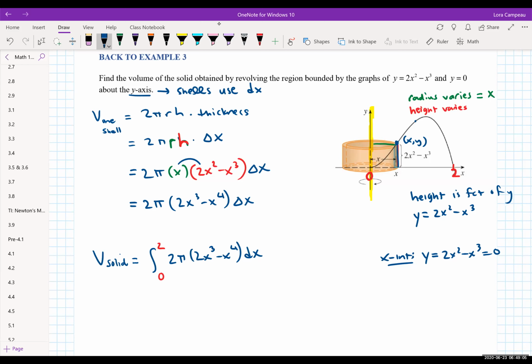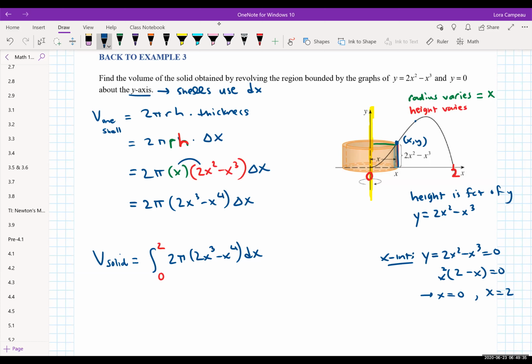So if I take out x squared, I should have x squared times 2 minus x. That's where we're getting x equals 0 and x equals 2, just in case you're worried about that. Sometimes the picture makes it obvious, but we need to make sure we're clear on what's being revolved around the axis.